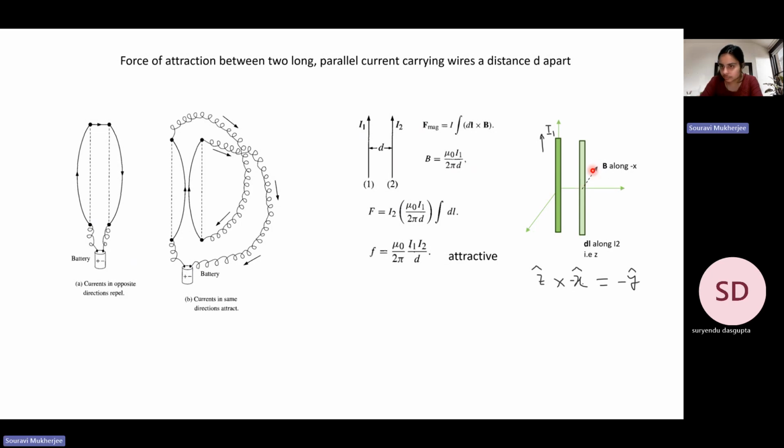Can you tell me how? Why are we getting the field along minus X? What is the relation that is giving me the field along minus X? This is something we have already discussed. Okay. What is the relation that tells us that the field for this wire has to be in the minus X direction?